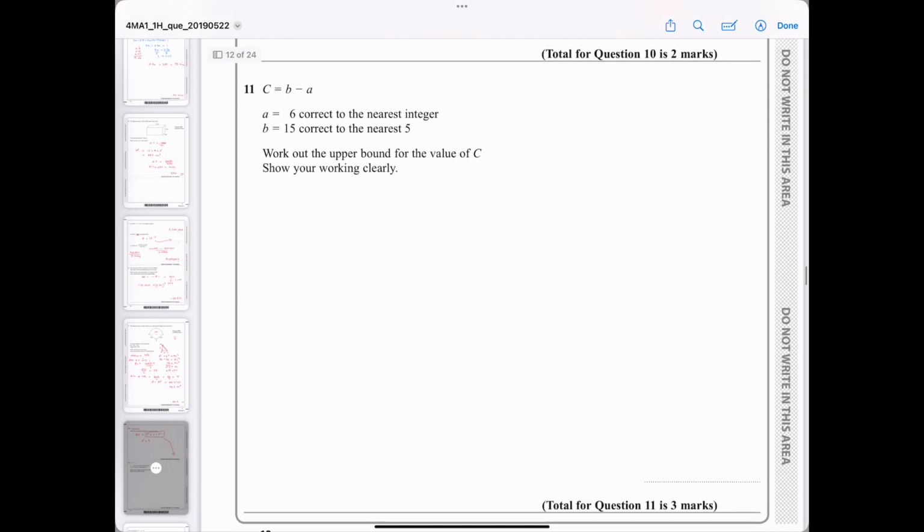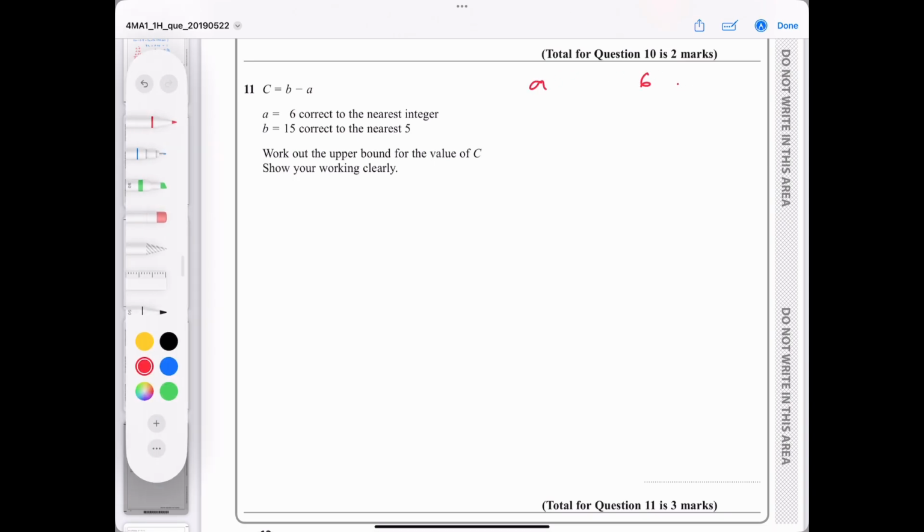Right, C equals B minus A. So A is 6, correct to the nearest integer, and B equals 15, correct to the nearest 5. Okay, so before we carry on, I'm going to do A equals 6.